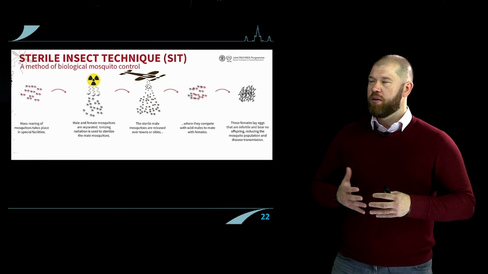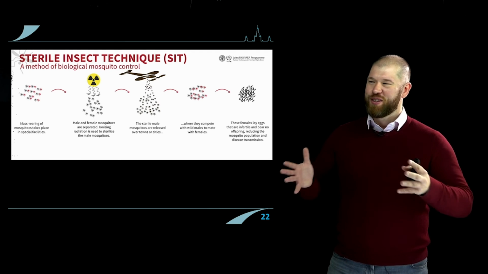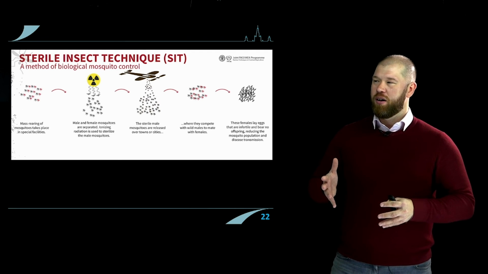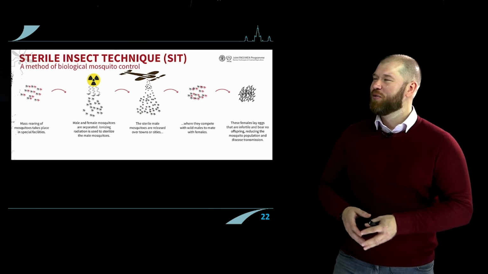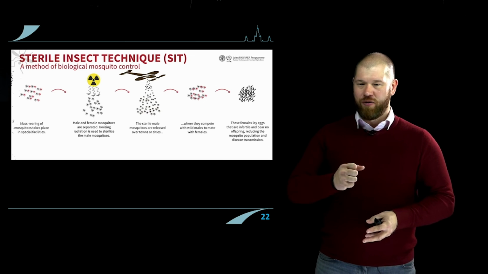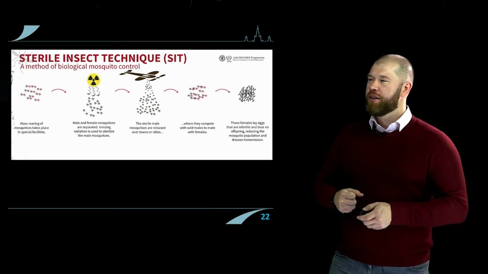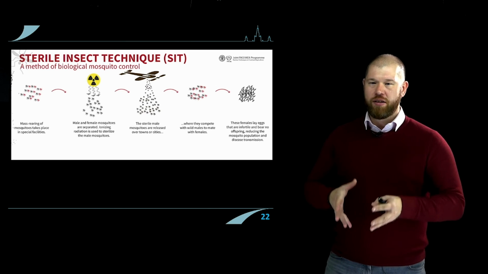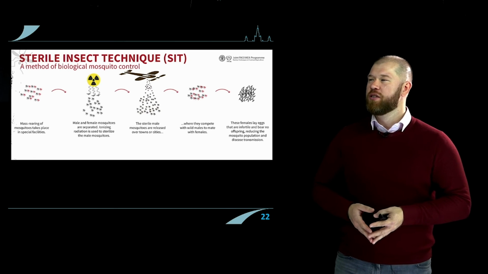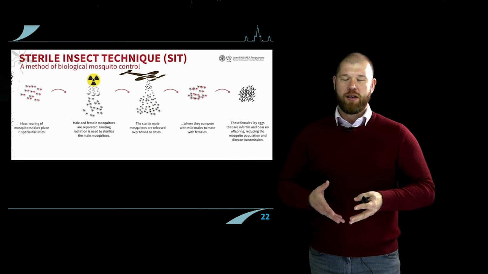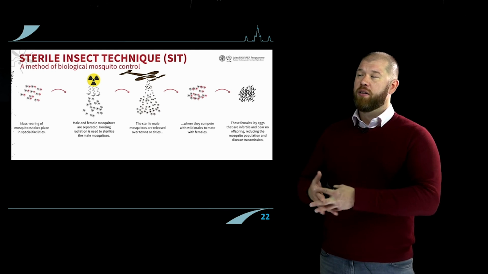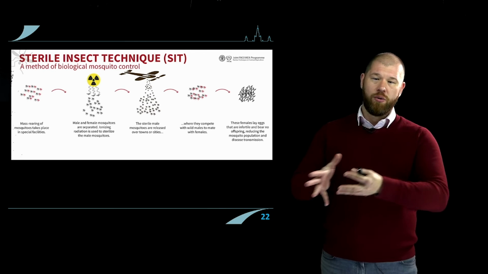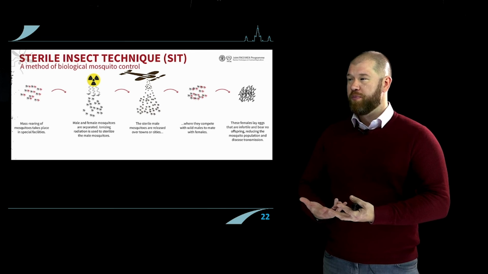And what is the scheme of the process? Part of the male insects are taken from nature, then they are irradiated by ionizing radiation, and thus they become sterile, and then these sterile insects go back to nature.